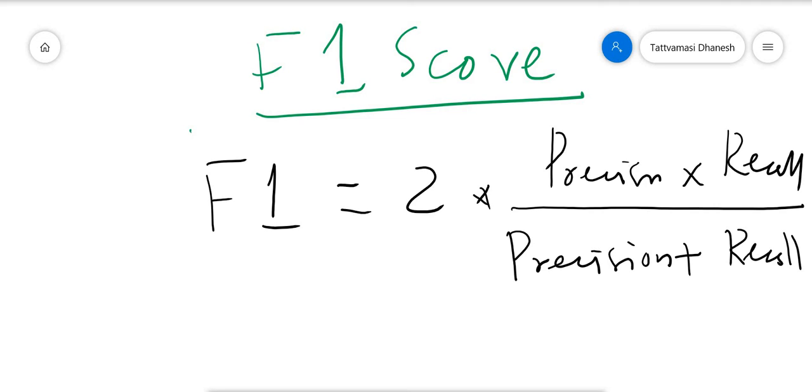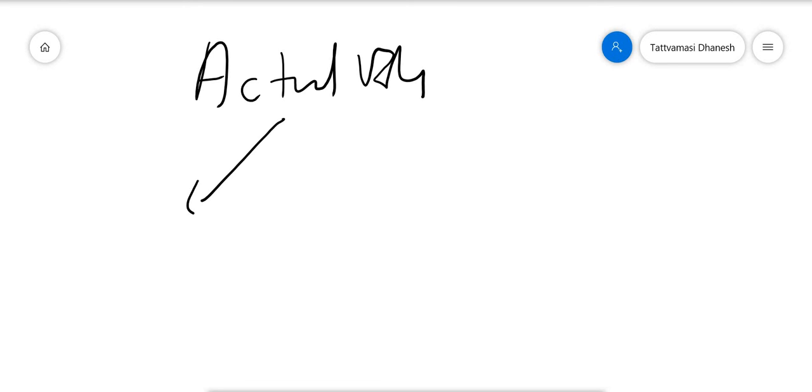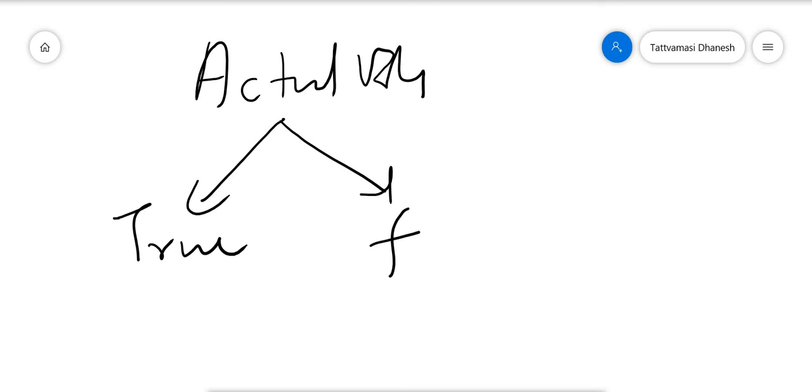So now we covered what precision is, what recall is, what the F1 score is, and why we come up with it. To get more clarity, this is the way we come up with true and false. The actual value is of two types, true and false.